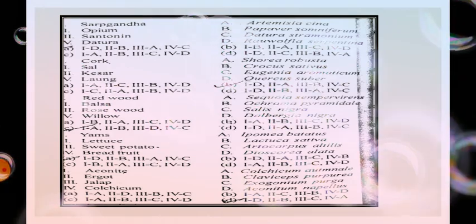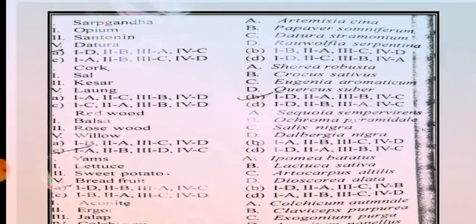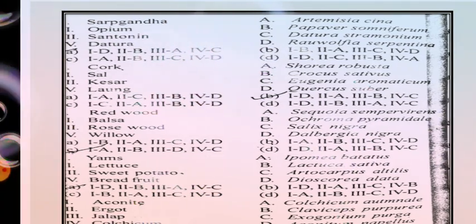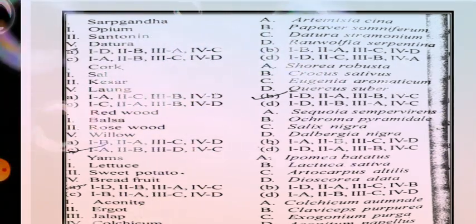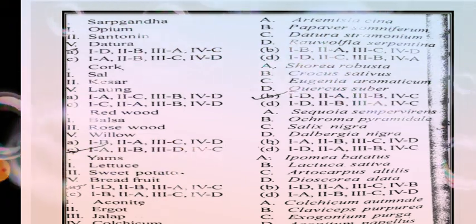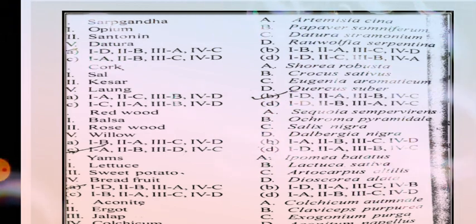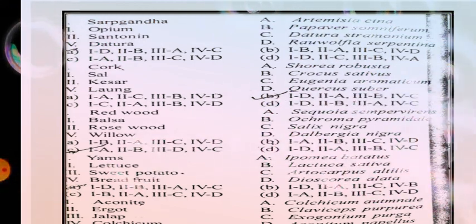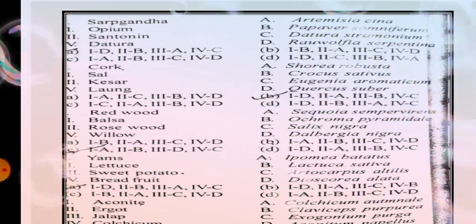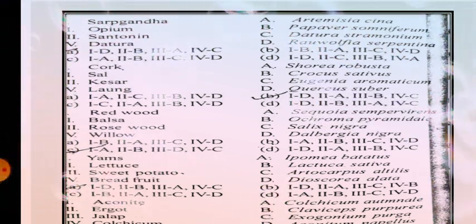So in the case of Sarpagandha, you can see in this slide the match the following. Sarpagandha, and here it is Artemisia cina. So for 1, 2, 3, 4, we just match the correct one, that is A, B, C, D.